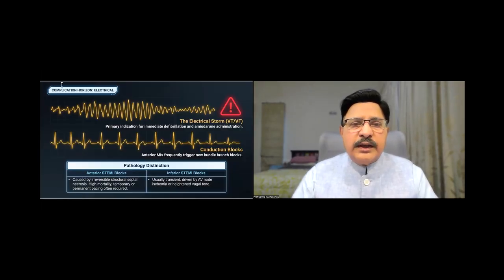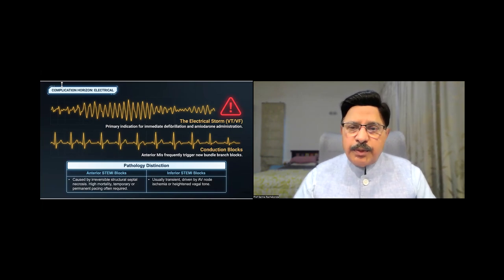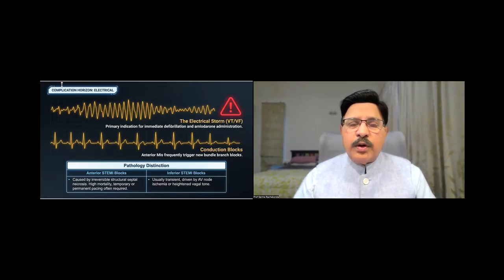Complication horizon: electrical storm, ventricular tachycardia, and ventricular fibrillation are the main dangers. Primary indication for immediate defibrillation and amiodarone administration. If I see VT or VF, then immediately defibrillation for the VF, and for the VT, we can do defibrillation and amiodarone administration.